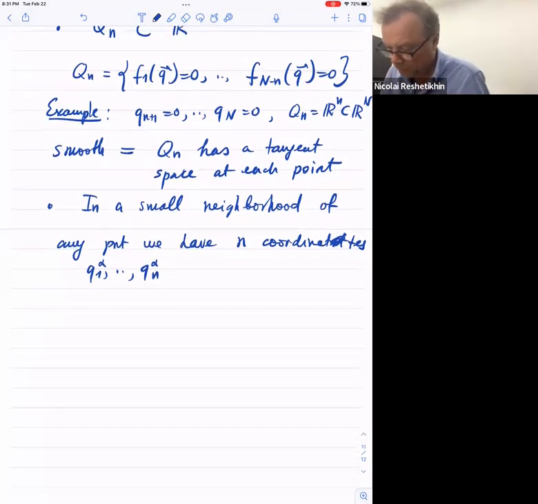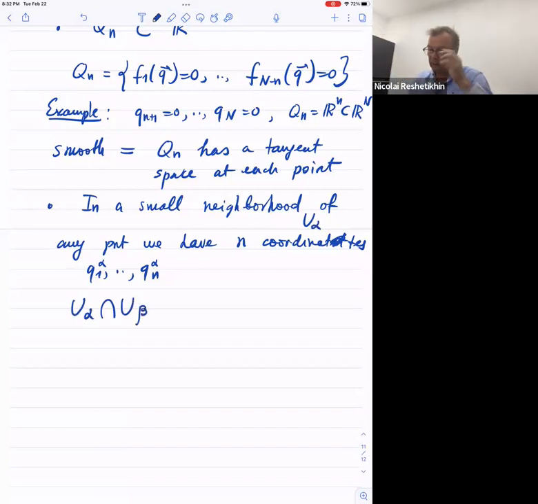Alpha means we have a neighborhood U alpha.